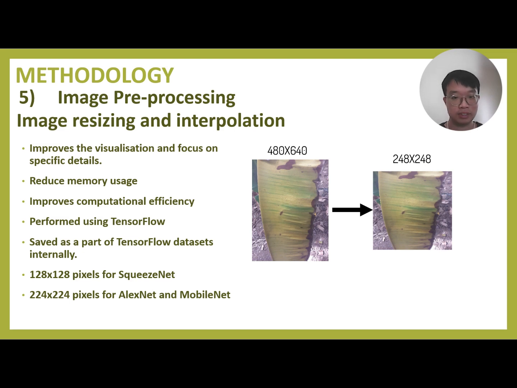It is performed using TensorFlow, so it will be saved as part of the TensorFlow datasets internally. For this resizing, the image will be resized to 128 times 128 pixels for the SqueezeNet and 224 times 224 for the LeNet and MobileNet.